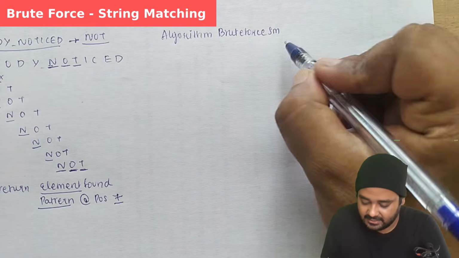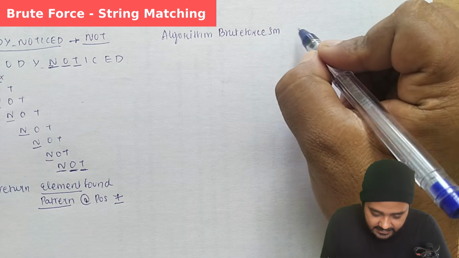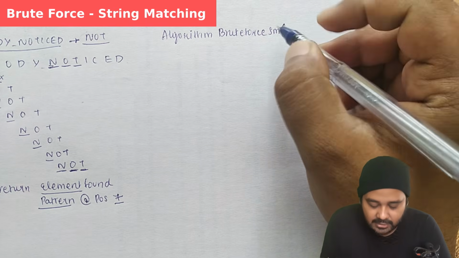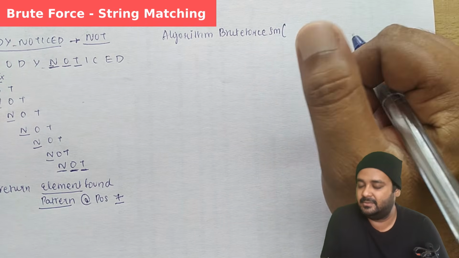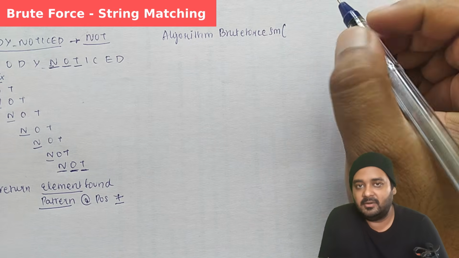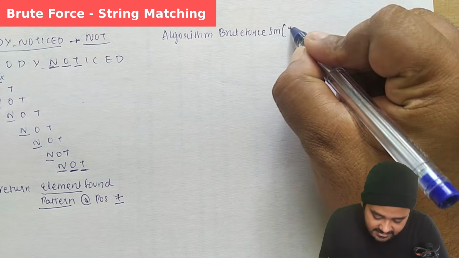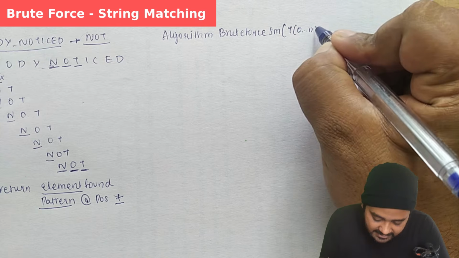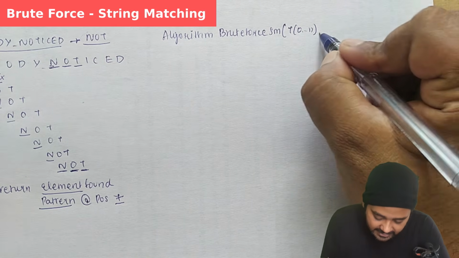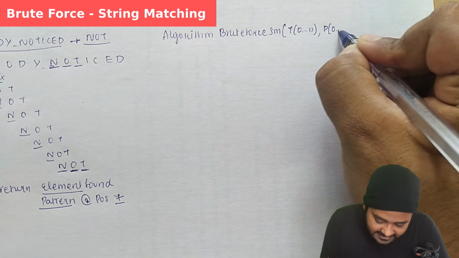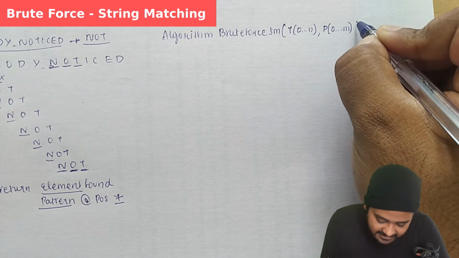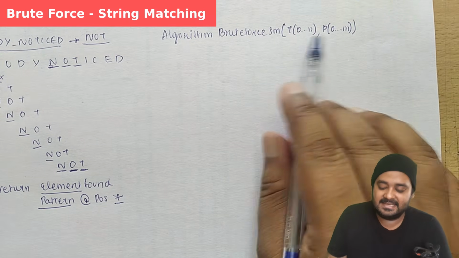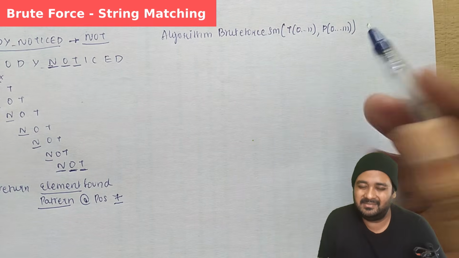Again, we are going to give two strings, which will generally be passed in the form of a character array. The first is the text which I want to search, 0 to n, and the next one is the pattern which I want to identify. I'm passing these as arguments, as input.